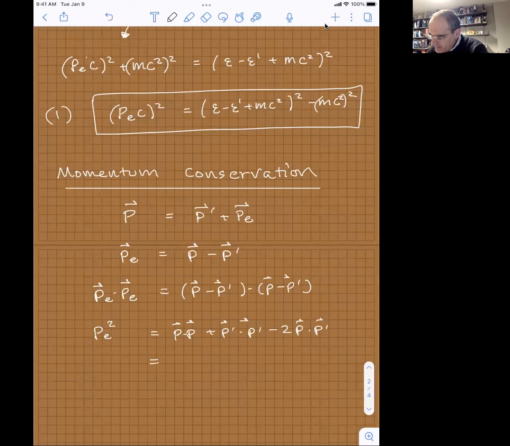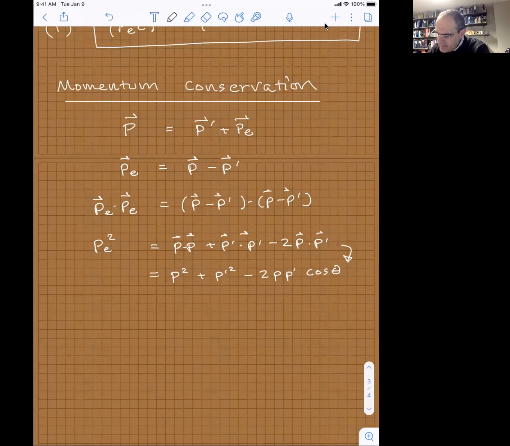And of course, this is equal to the momentum of the initial photon squared plus the momentum of the scattered photon squared minus 2 times the magnitudes of the momenta of the two photons, P times P prime, times the cosine of the angle between them. This factor of cosine theta comes from the dot product of two vectors which don't necessarily point in the same direction, P and P prime.